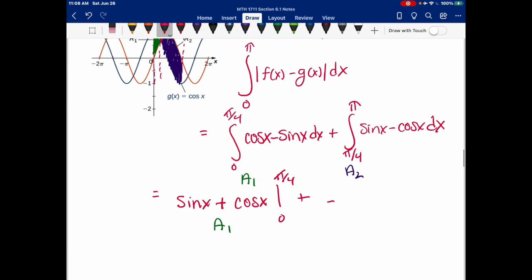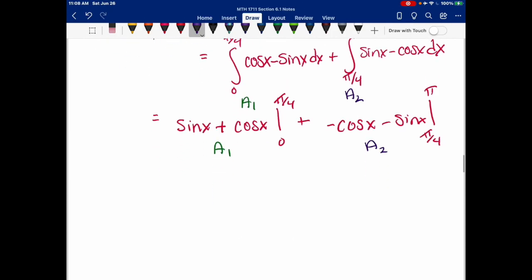So that gives me the area in green. Now when I do the second integral, the antiderivative of sine is negative cosine, and I subtract the antiderivative of cosine, which is sine. I'm going to evaluate that from pi over 4 to pi, and that will give me my second area in purple.